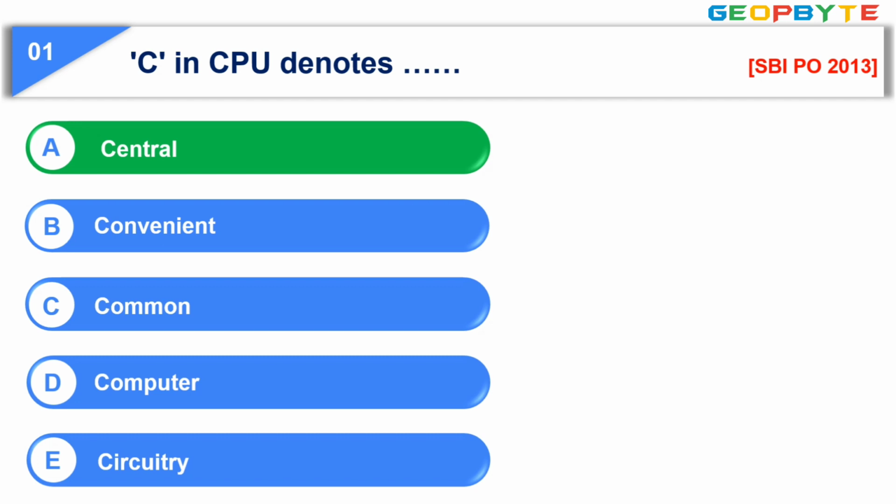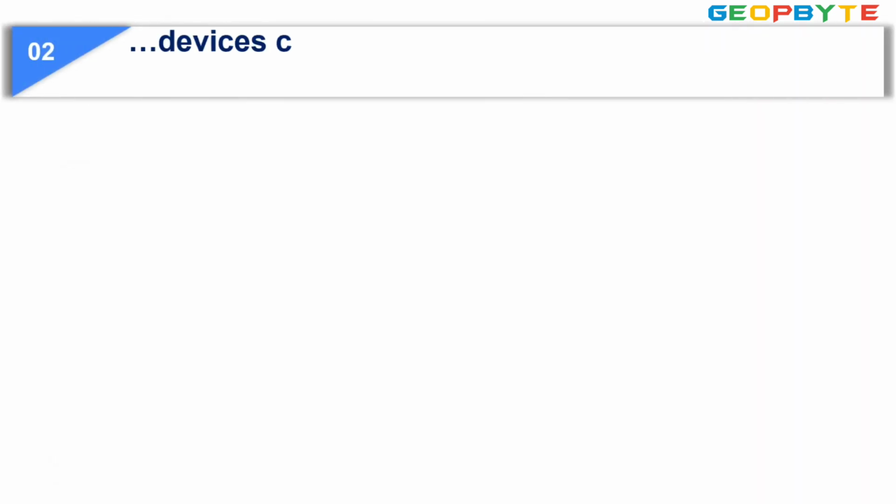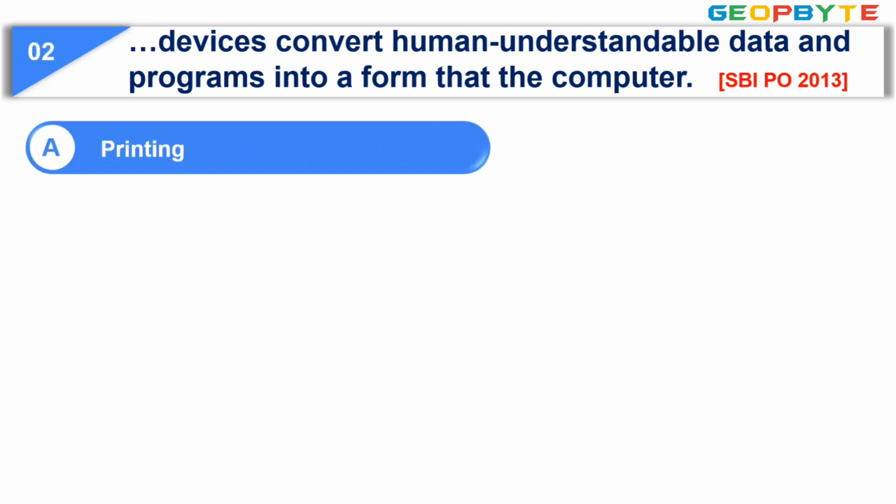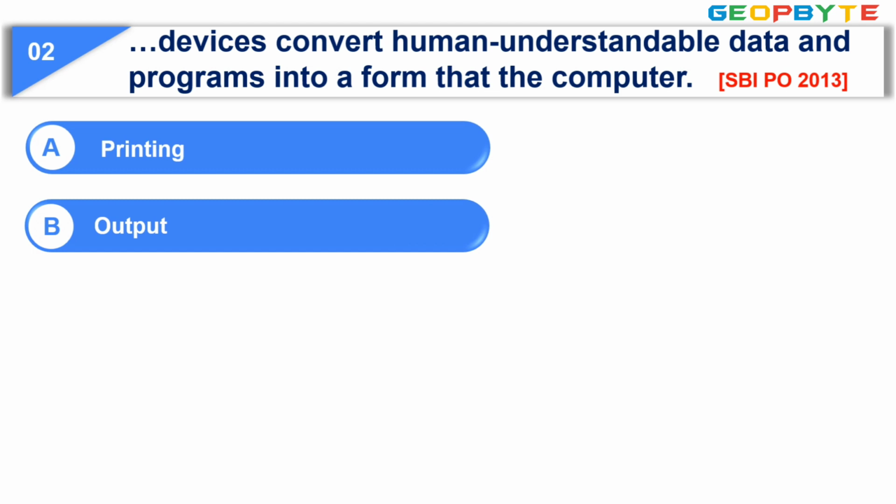Next, moving to question number 2. Dash devices convert human understandable data and programs into a form that the computer can understand. Option A, printing. Option B, output.